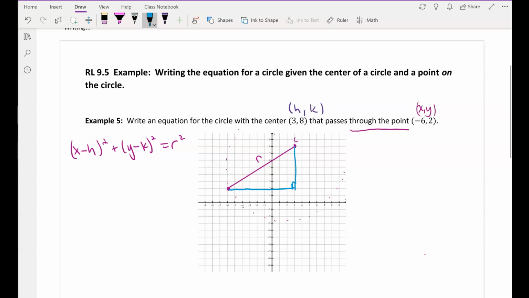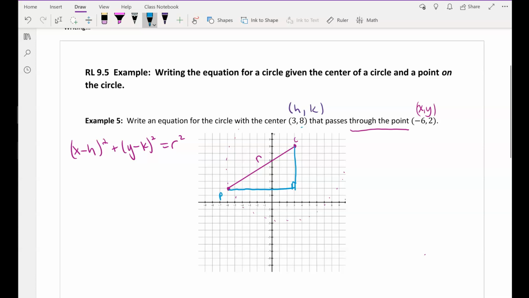So when I make the right triangle where the radius is the hypotenuse, from the center down to the point, that vertical change right here, the leg of this triangle, well, that's 8 minus 2.